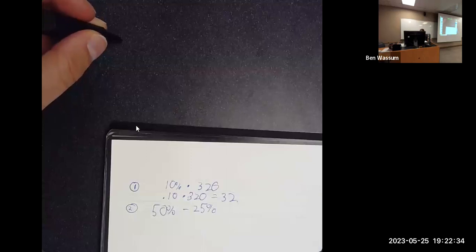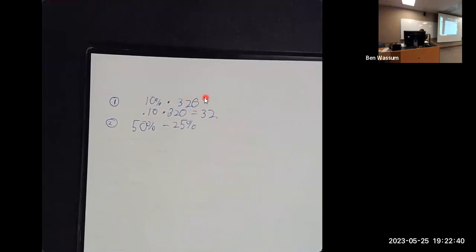Yeah, so the first one had us finding 10% of the 320. So you just do 0.10 times 320 and you get 32.